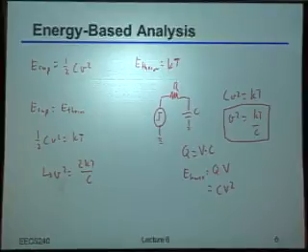And so if I say I have 1/2 kT of free energy and I have 1/2 CV squared stored in the capacitor, again, you can come up with V squared being kT over C. So, again, another very fundamental physical intuition there.